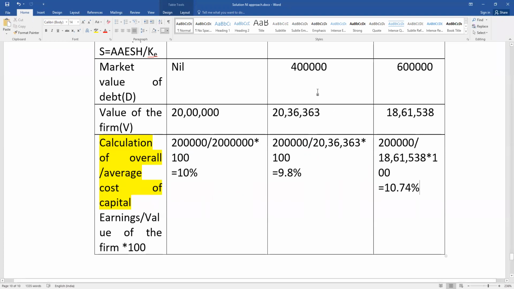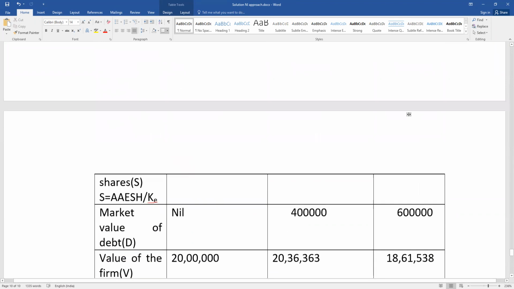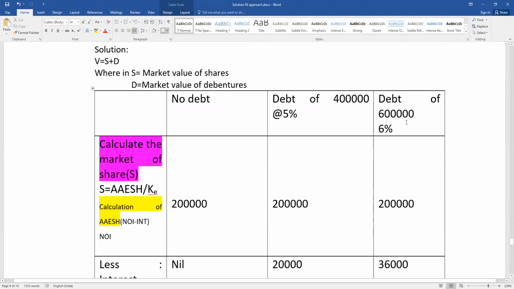Let us see. In this case, the value of the firm is more and the overall cost of capital is 9.8%. When there is no debt, the value of the firm is 20 lakh, and you see the value of the firm has come down and the overall cost of capital is increased. In another situation, you have 6 lakh debt.